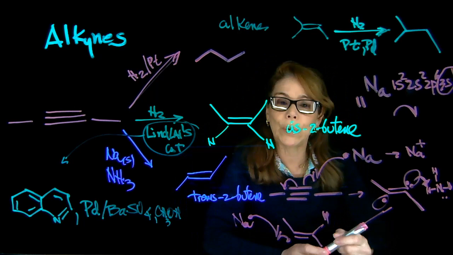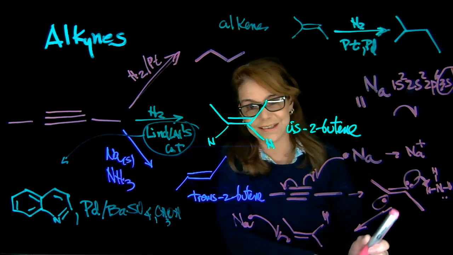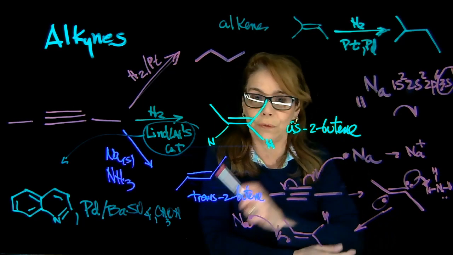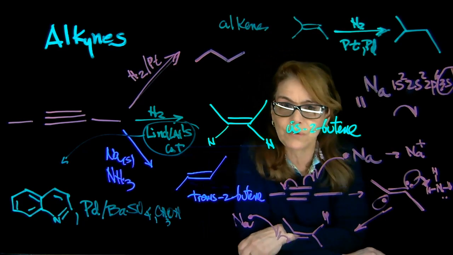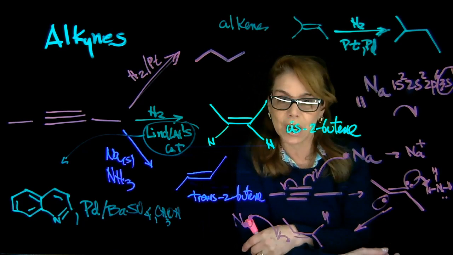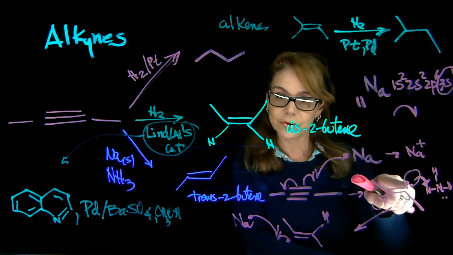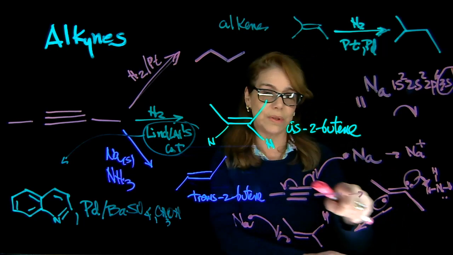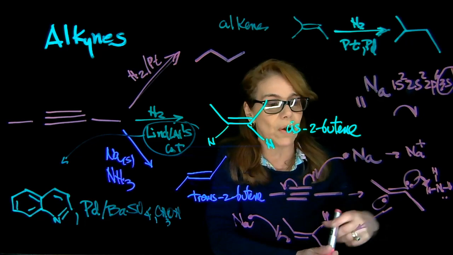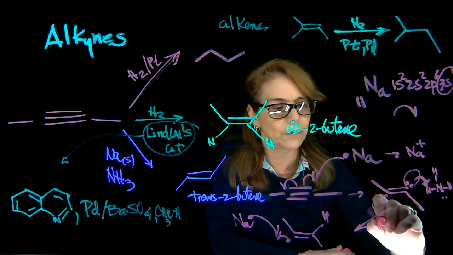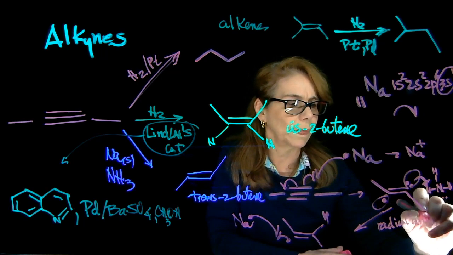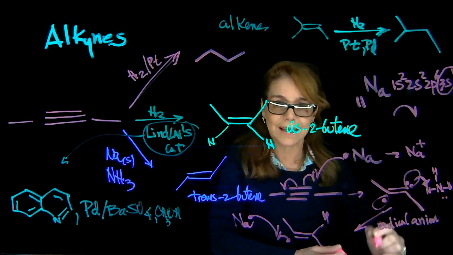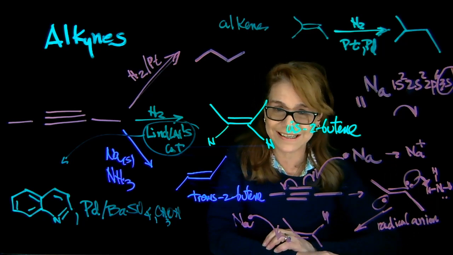But the key point that actually determines the stereochemistry of the reaction is the first 1 electron transfer. When you do that, you want to have the configuration in which the pair of electrons here is opposite to the electron in the radical. So the intermediate radical anion already dictates that the geometry of the product is trans.